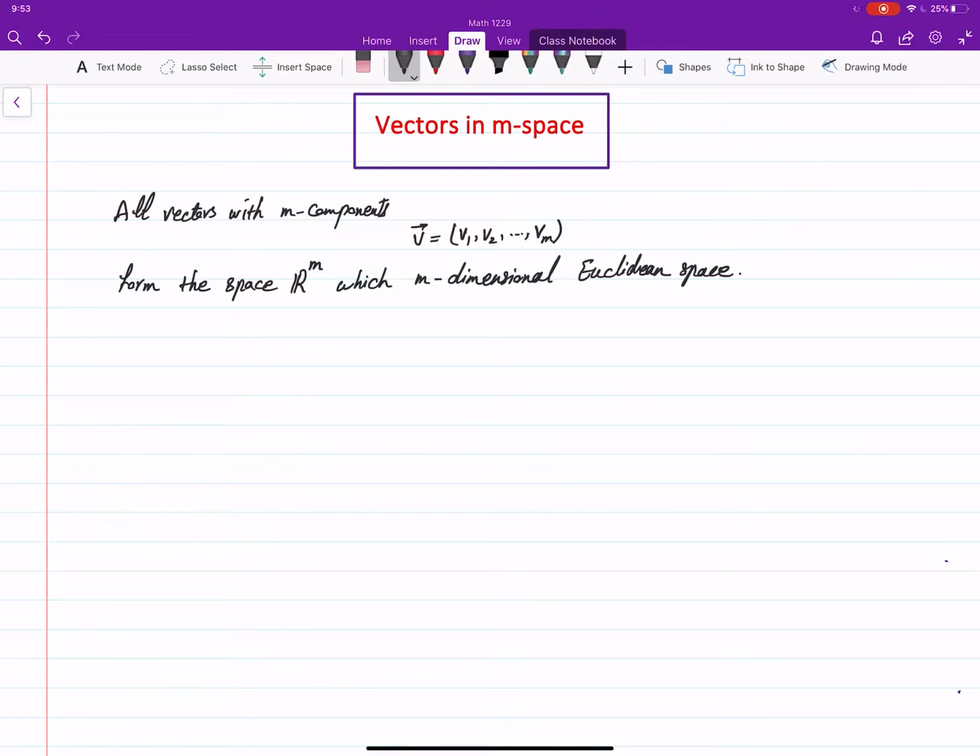Technically it has meaning behind that, but at the moment you need to know that these are vectors with M components, and we will learn what the operations are.